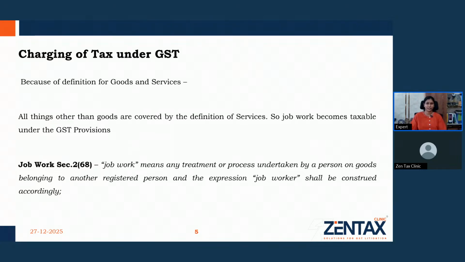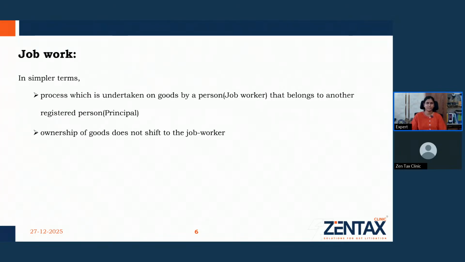They also mentioned that the goods must belong to another registered person. So from the definition, we can see the principal should be a registered person. To understand in simpler terms, job work is a process undertaken on goods by a person, that is the job worker, that belong to another registered person, who is the principal.